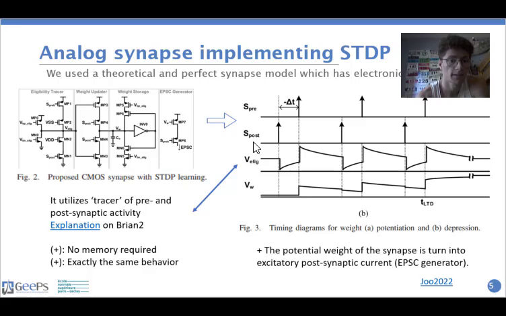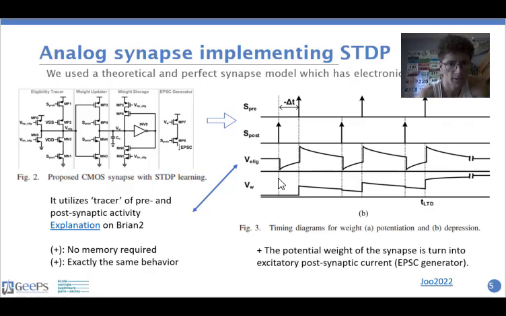And here is an analog circuit of a synapse replicating STDP equations for its intrinsic behavior, and plus it adds an intrinsic excitatory postsynaptic current generator in order to propagate the action potential to the postsynaptic neurons.